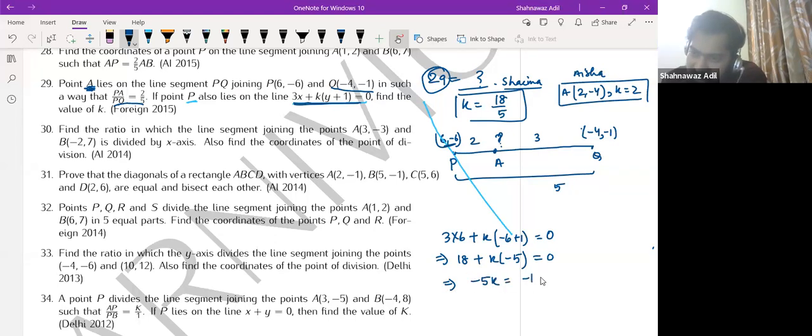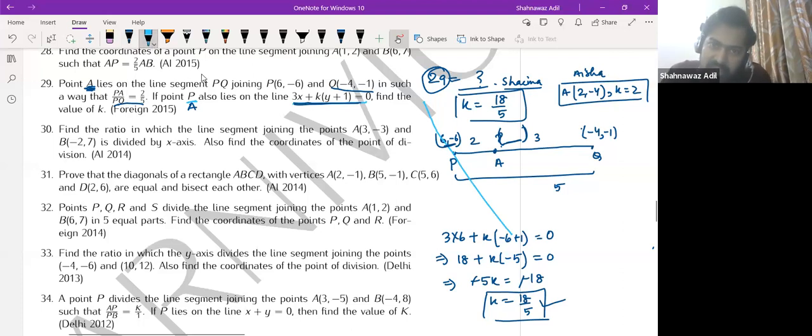This is equal to 85. Maybe this could be a misprint, but if we go by this question, this would be the right answer. If point A also lies on this line, then we need this coordinate. Then we have to calculate this A coordinate. But from this question, we only require this.